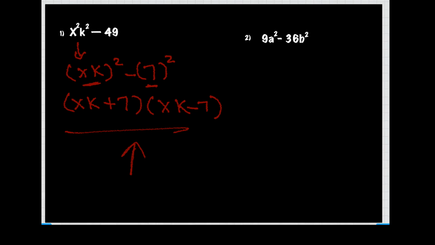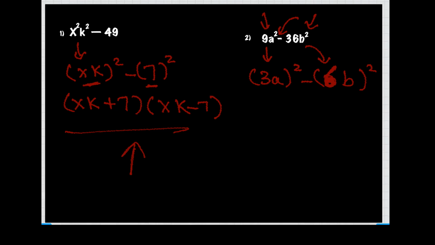Same goes for 9a squared minus 36b squared. The first thing, I can see a minus sign here, and I can also write these two terms in square form. The 9a squared can be written as 3a to the power 2, and then minus 36b squared I can write as 6b squared.